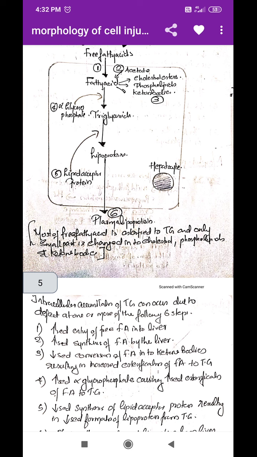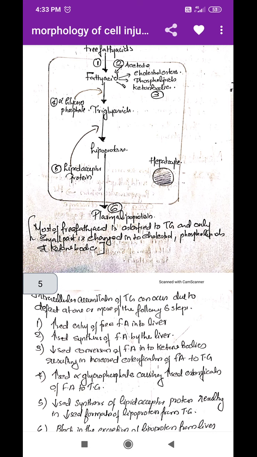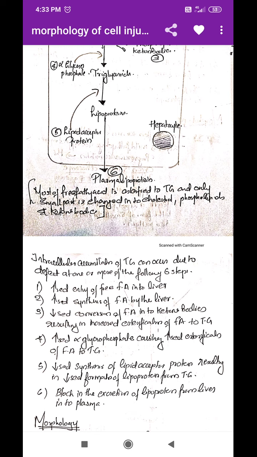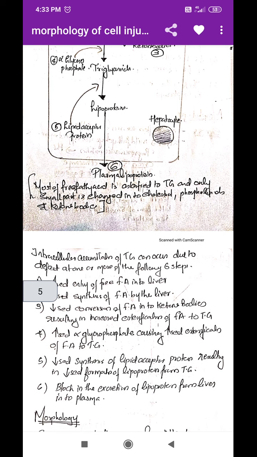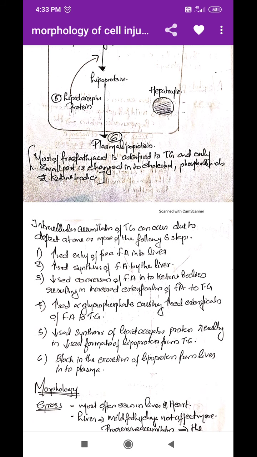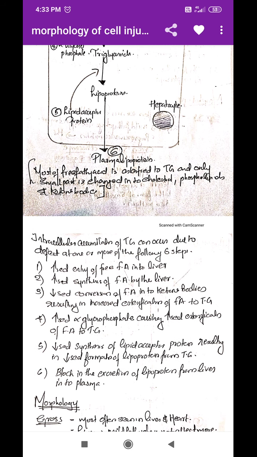So all these things ultimately lead to an increased level of triglycerides. The fourth one is increased alpha glycerophosphate. This enzyme is increased, causing increased esterification of fatty acid to triglycerides. The fifth one is decreased synthesis of lipid acceptor protein, resulting in decreased formation of lipoprotein from triglycerides.